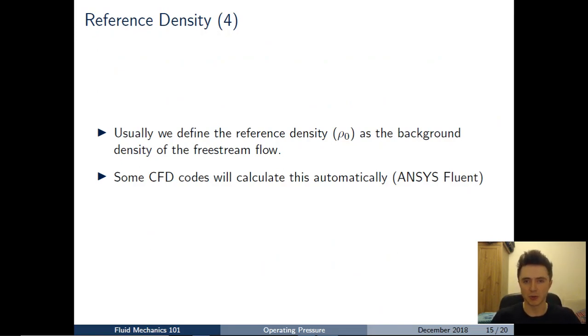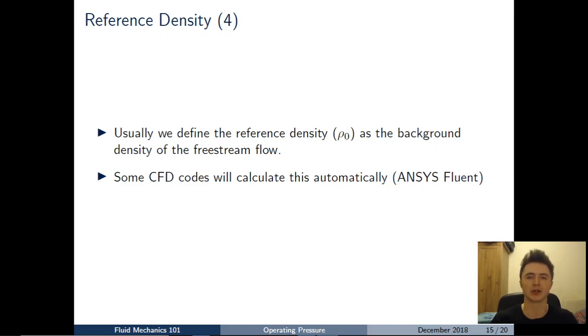And another small point to note is that for some CFD codes like FLUENT, it's not compulsory to define a reference density, and in some cases a CFD code will compute it for us. And the way it does that is typically it will average the density over all the cells in the mesh and assume that that's the reference density and subtract it from all of the cells.